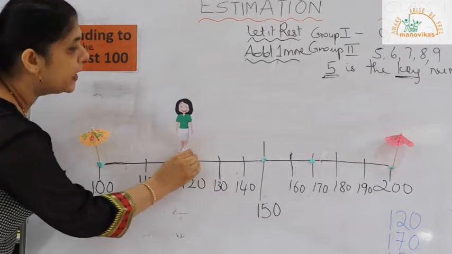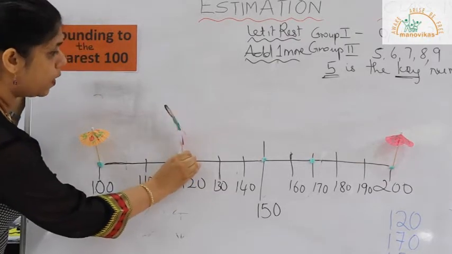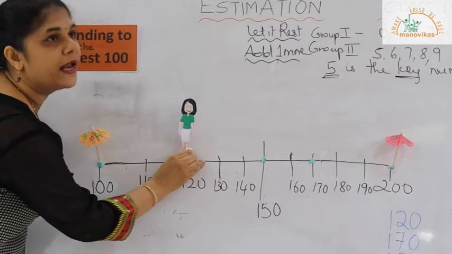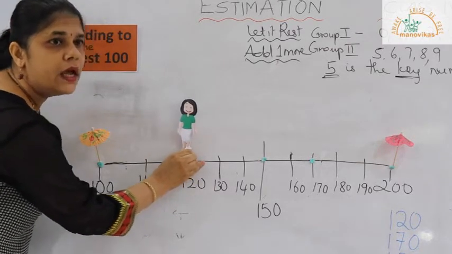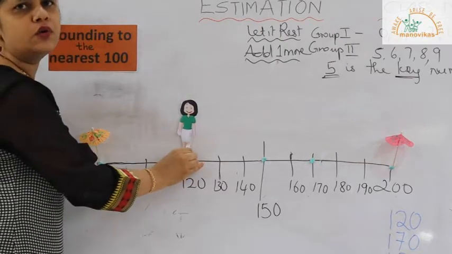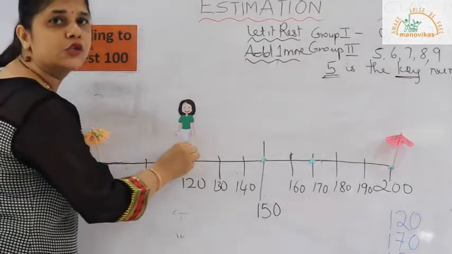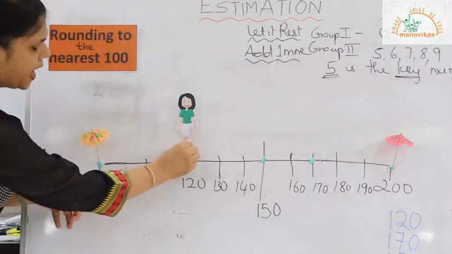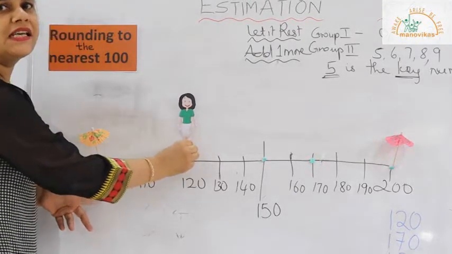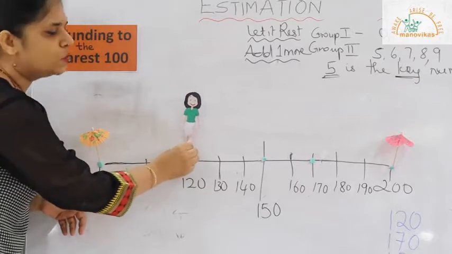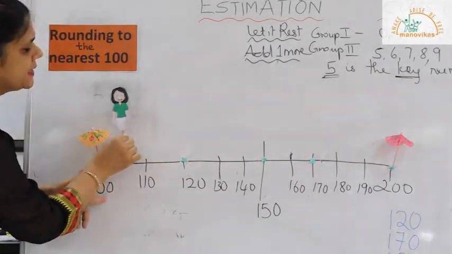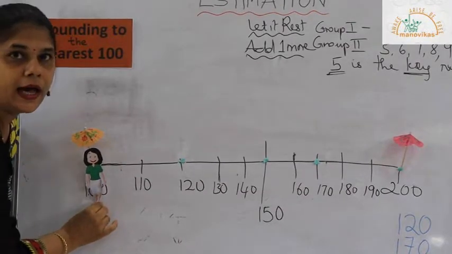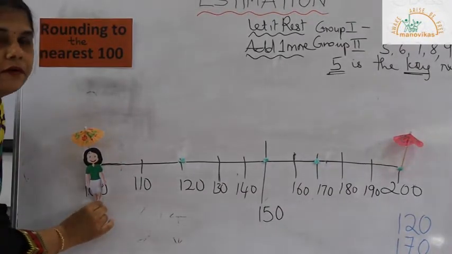There were 2 umbrellas open, one on number 100 and the other on number 200. Now, Tina did not want to get wet in the rain. So, what did she do? She found that the umbrella at number 100 is the closest to her. So, she quickly ran this side and stood under the umbrella at number 100.